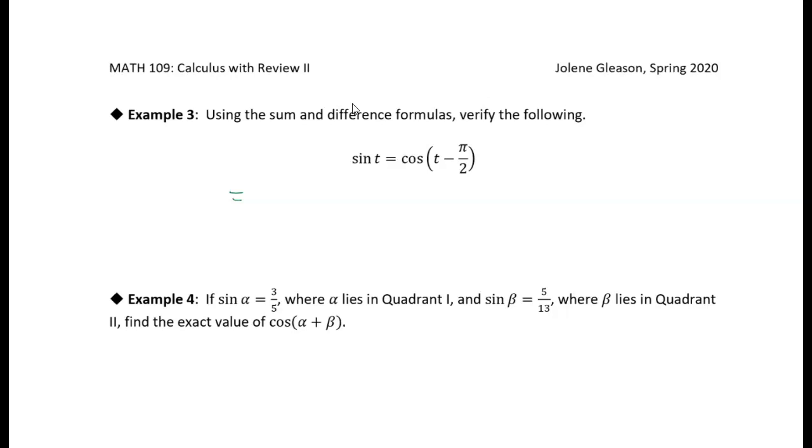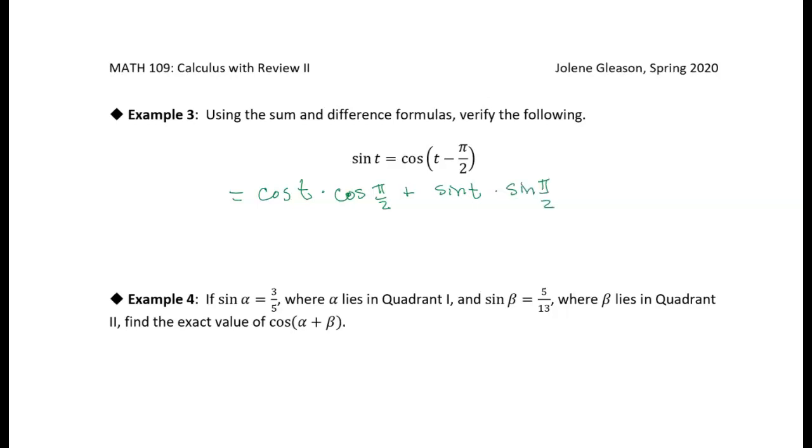All right, so we're going to take the cosine of t times the cosine of pi over 2 plus the sine of t times the sine of pi over 2.